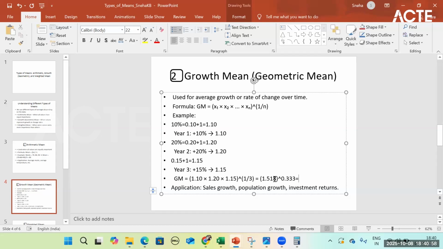Ma'am, should I do multiplication? No, power. Exponential. To the power of 0.333. Okay, it will be somewhere around 1.14.